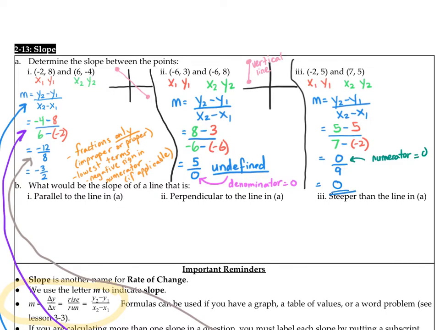So please remember the difference here. If the 0 is in the denominator, your slope is undefined. If the 0 is in the numerator, let's see what that looks like in a picture. Negative 2, 5 is around here. 7, 5 is around here. So that makes a horizontal line.